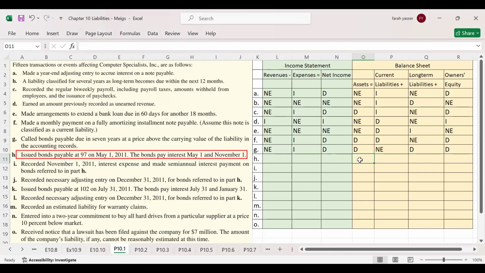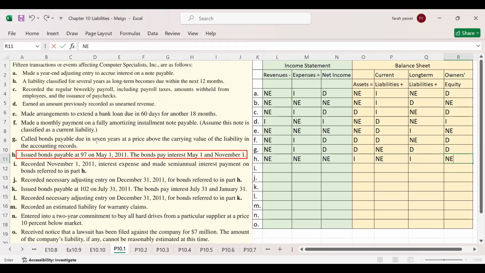So asset will be increased, as well as the bond will also be increased, and as bond is a long term liability, you can say long term liability is increased. There's no impact on the income statement of this transaction. Right now, no current liability is involved, and there's no impact on owner's equity.